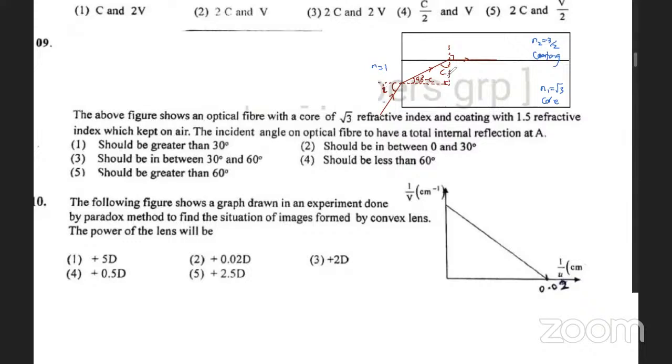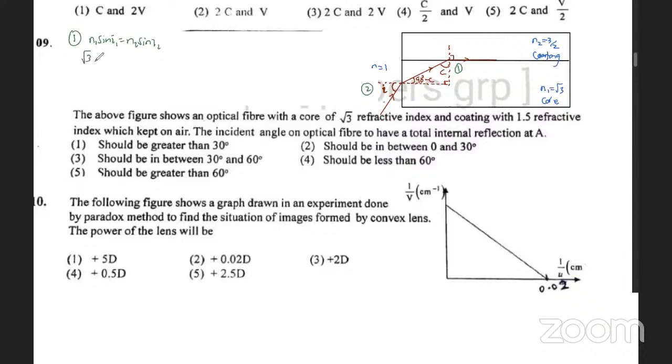Right. So let's first of all consider this. There are two interfaces, interface 1 and interface 2. So I'll focus on interface 1 and apply Snell's law. N1 sine I1 equals N2 sine I2. So what is N1?